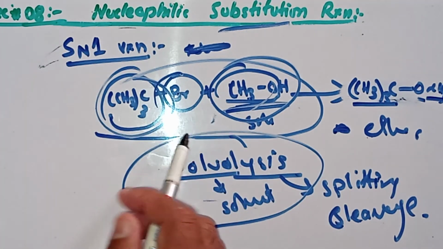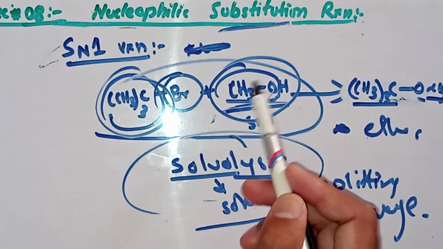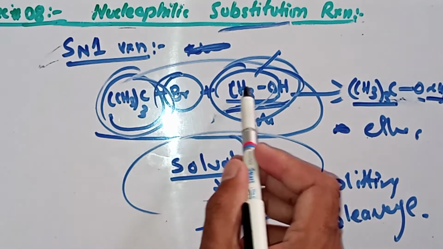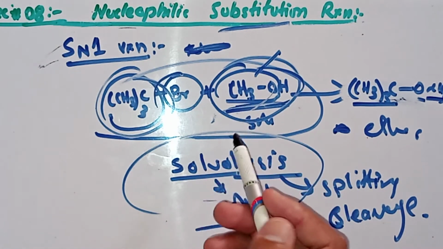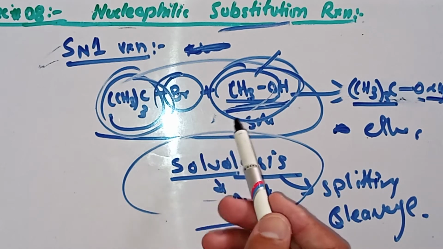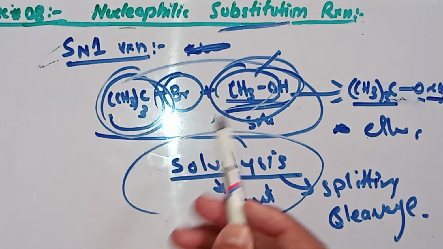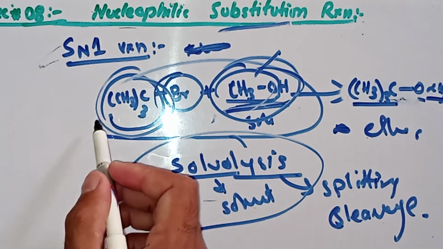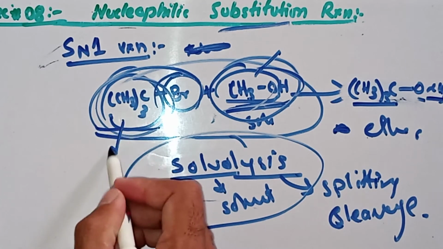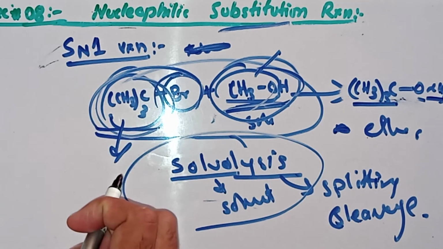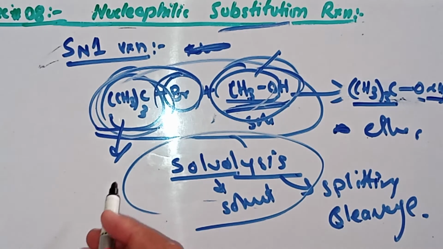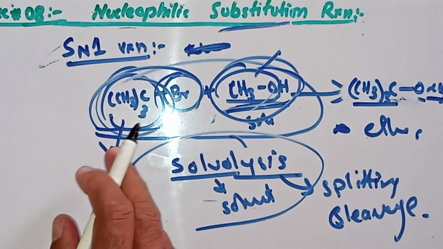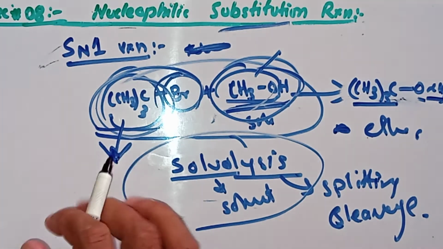However, Sn2 requires a strong nucleophile, while methoxide ion, or methanol, is not strong enough. Also in Sn2 the substrate shouldn't be very bulky, because the more bulky the group, the more it will sterically hinder the reaction and the rate of reaction will be reduced.